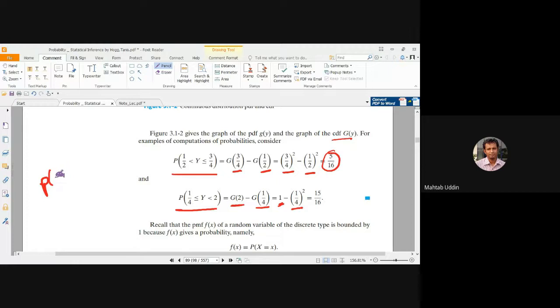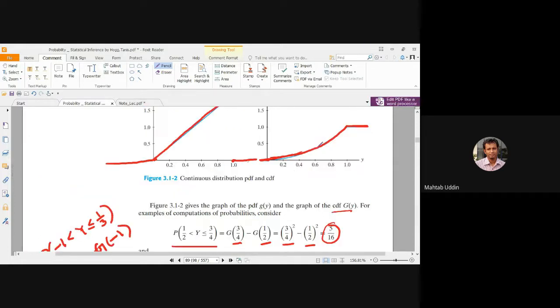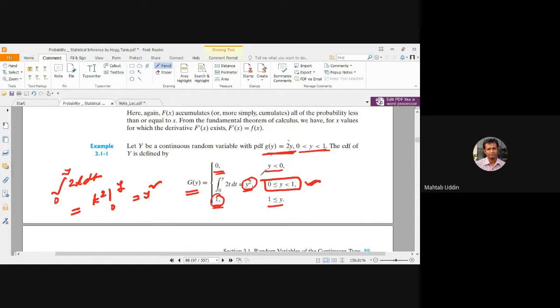Now, if I take minus 1 less than y less than or equal to 1/3, I can write F of 1/3 minus F of what? Minus 1. So 1/3 is within the given interval, so (1/3) whole square minus F of minus 1. F of minus 1 is before 0, right?